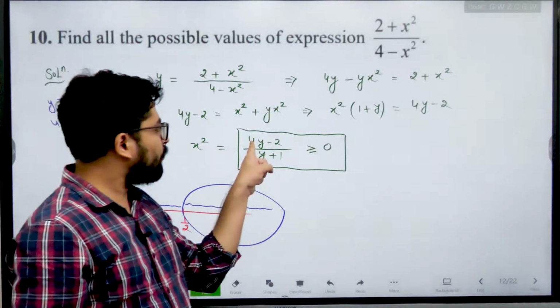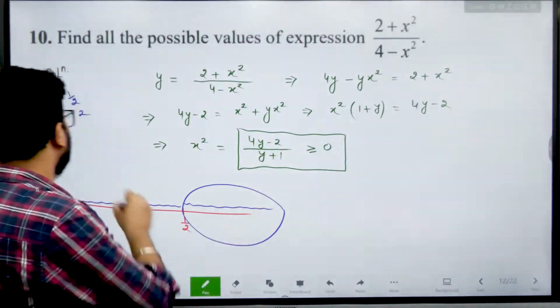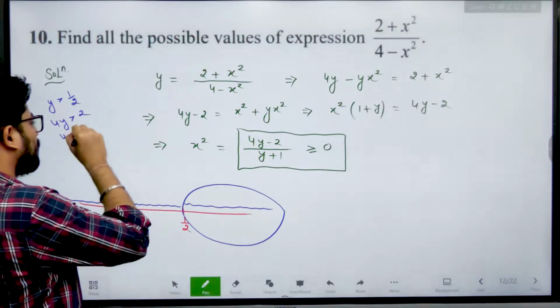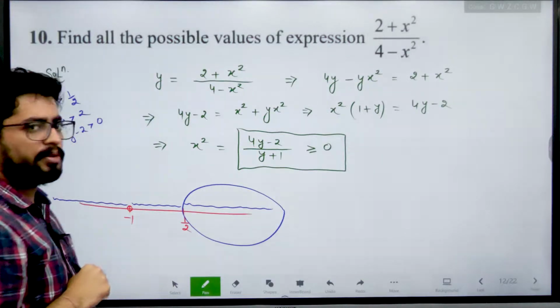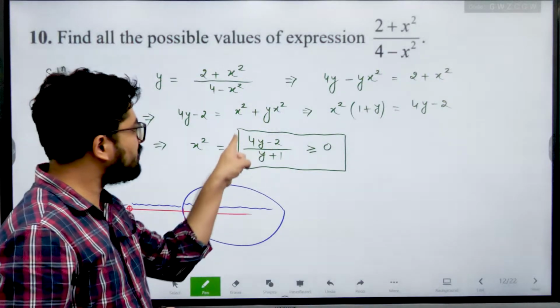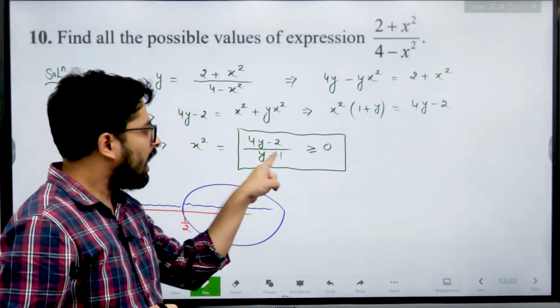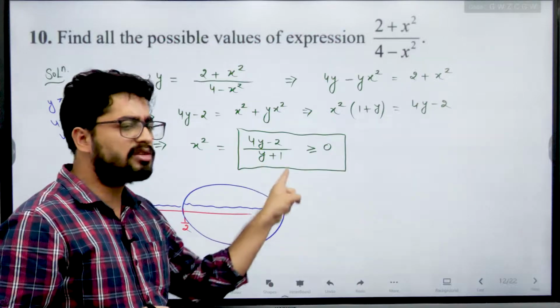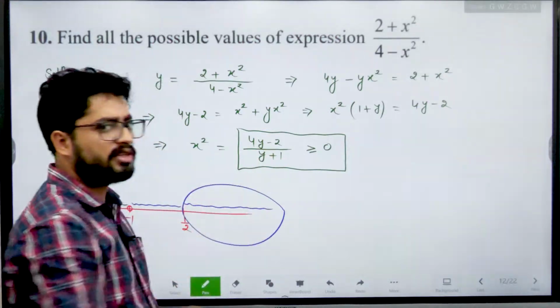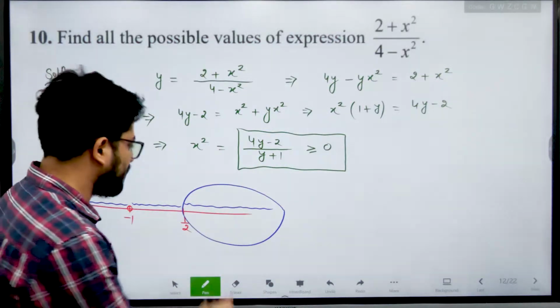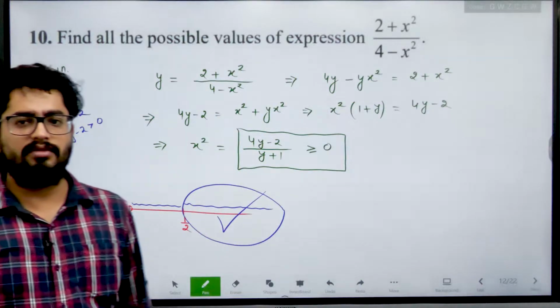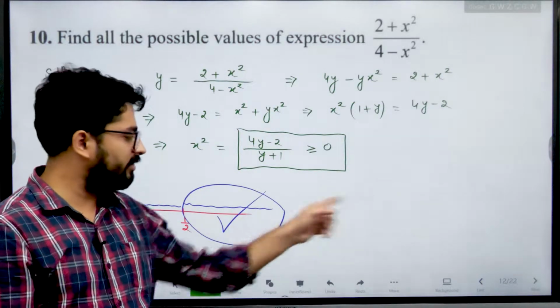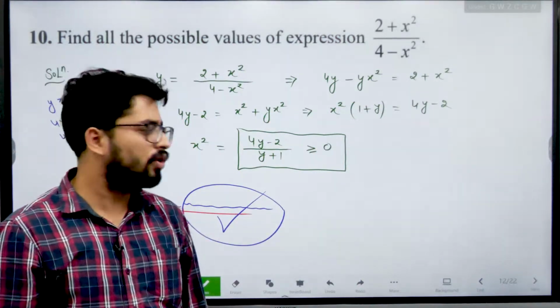And if 4y is greater than 2, subtract 2 from both sides, so 4y minus 2 is greater than 0. So this is a positive value. And whenever y is greater than 1 by 2, y plus 1 is also positive. So positive upon positive is positive. So yes, you can take all the values here, 1 by 2 to infinity.